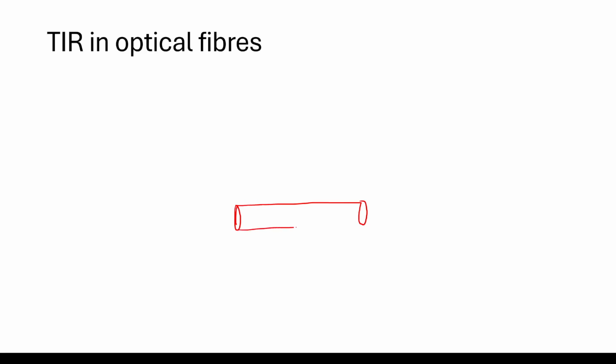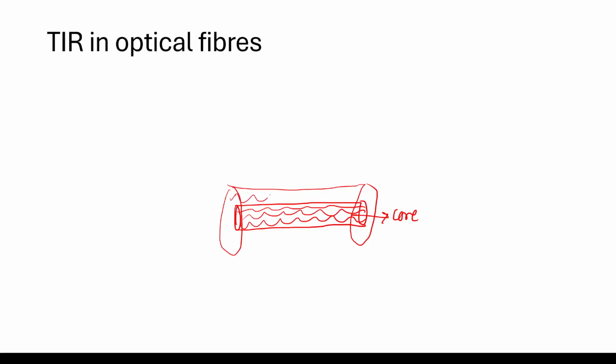So this is a high quality glass or plastic cable, and it has a very high refractive index. This is called the core. Around it, this cable has a cladding, and this cladding has a lower refractive index.